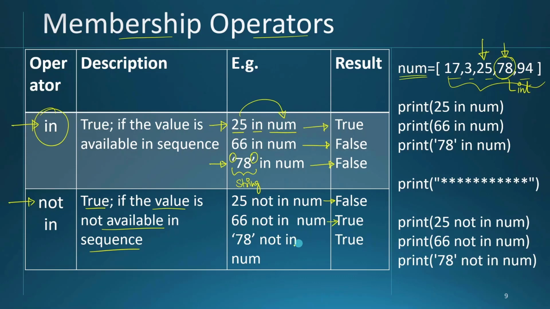And '78' not in num, this is also true. Why? Because the string 78 is not available inside this list. I'm not going to explain this program because it's the same, right? All the examples that we have seen here, I have just written inside print statements so that you can see the result as true and false in the terminal.